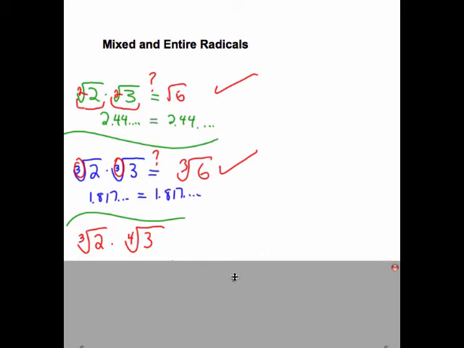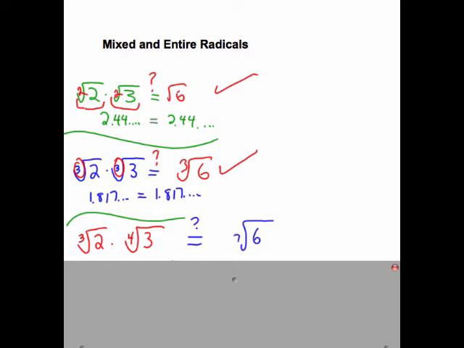So let's see what happens with this example. What might the answer be? Well, possibly if we multiply the radicands to get 6, what would we do with the indexes? Add them, similar to what we do with exponents, or multiply them. 7th root, 12th root, not sure.